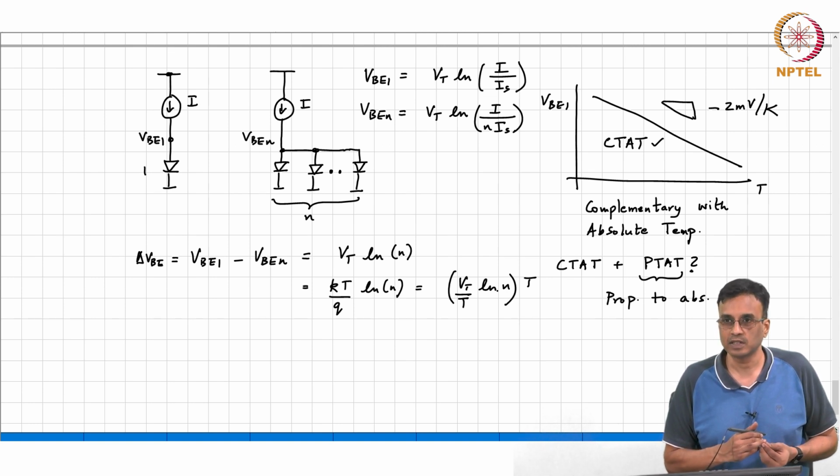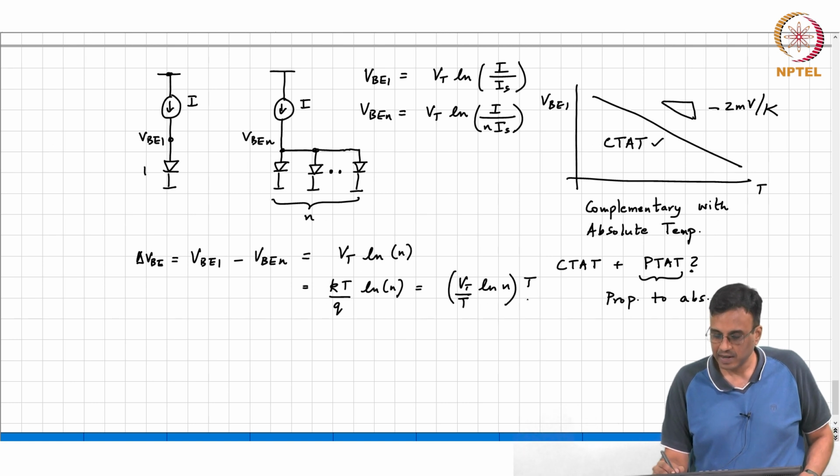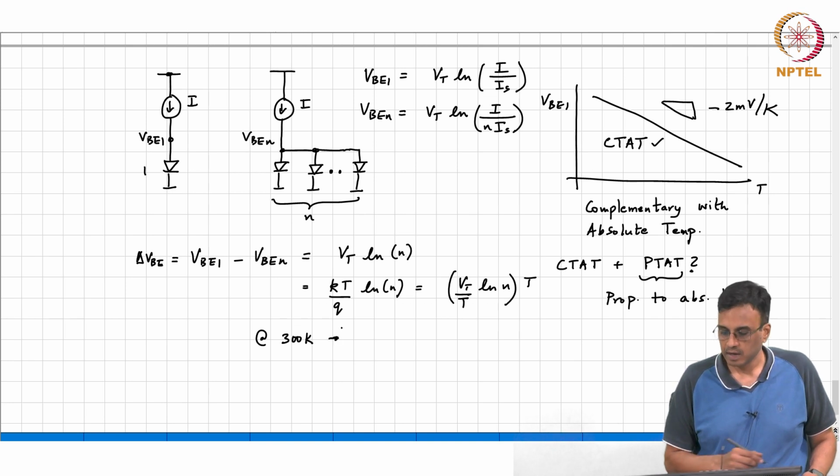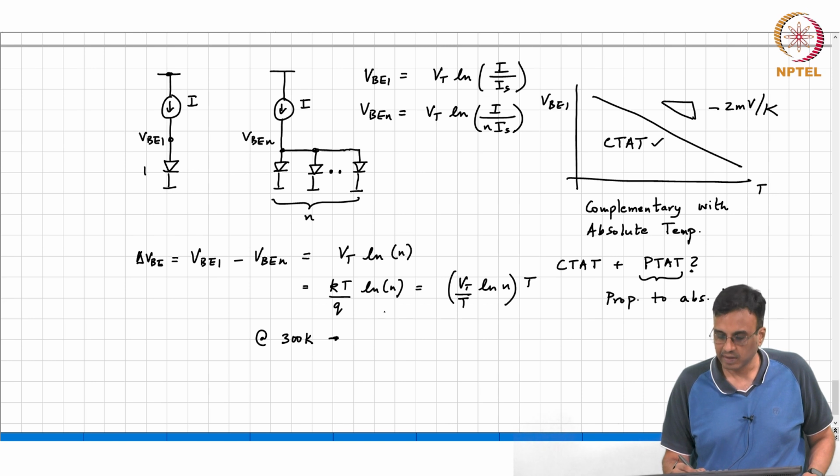What is Boltzmann's constant? It is easy to calculate the temperature coefficient at some known temperature. We know that at 300 K, VT is about 25 millivolts, 26 millivolts. I like to round things off.